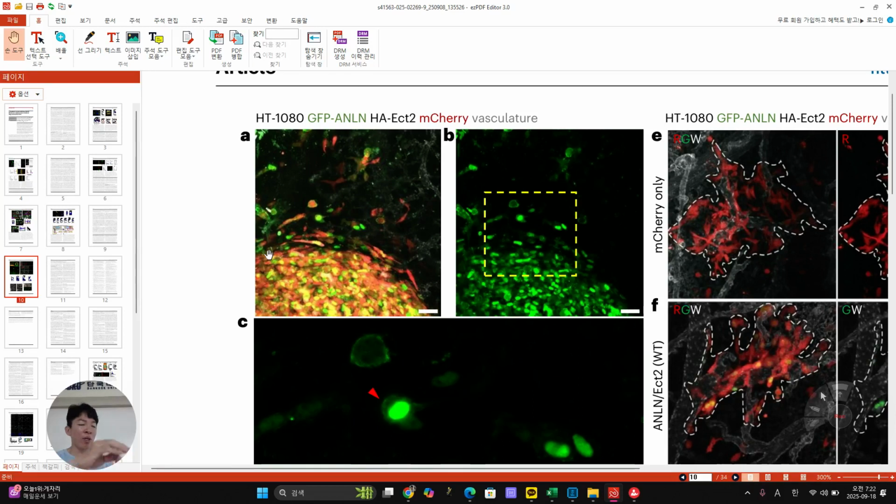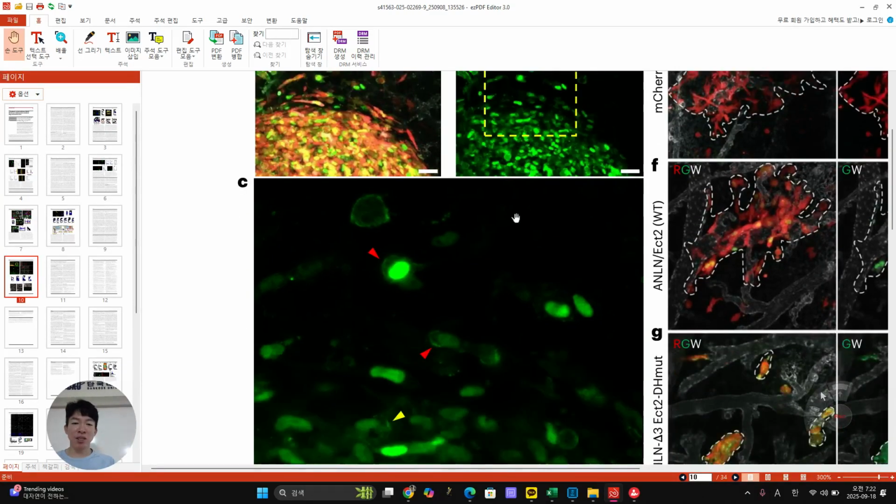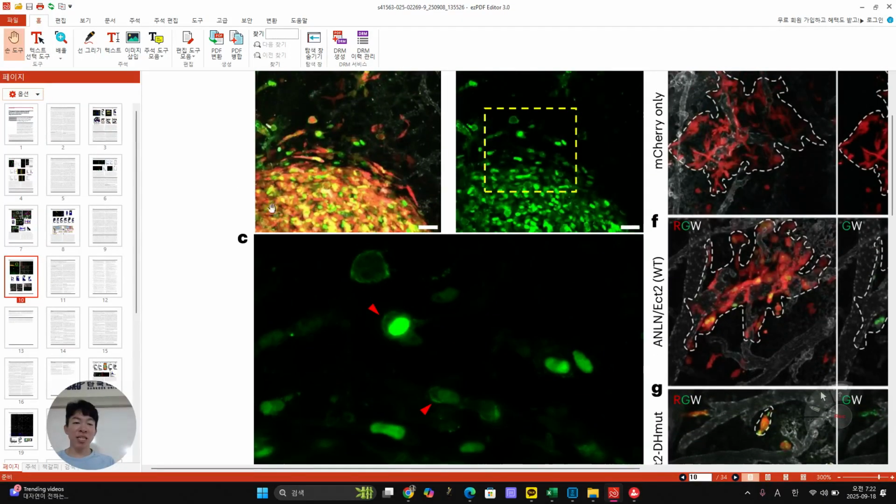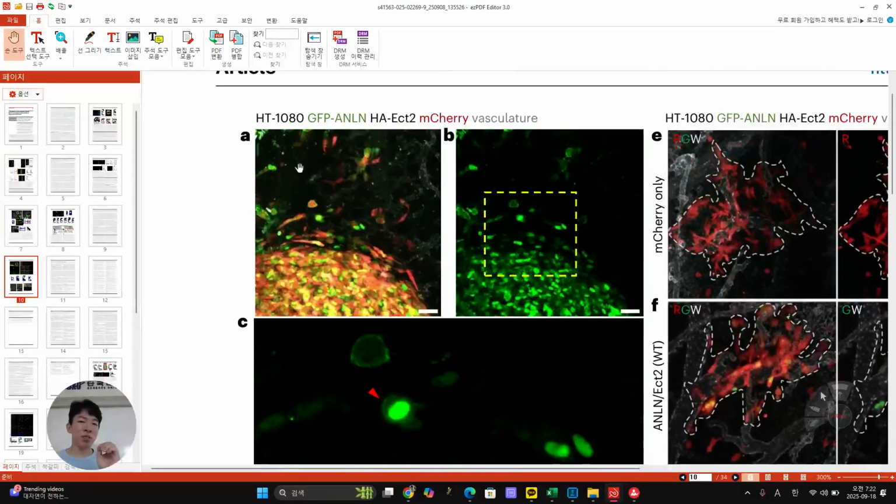When you open the egg, there's a certain membrane called the CAM, and they inject their cancer spheroid underneath that CAM membrane, and then you can detect this kind of invasion live. Okay, so when they track this GFP anillin positive cancer cell, here you can see this is the cancer cell core spheroid. This cell is an invading cell into normal egg tissue, right?